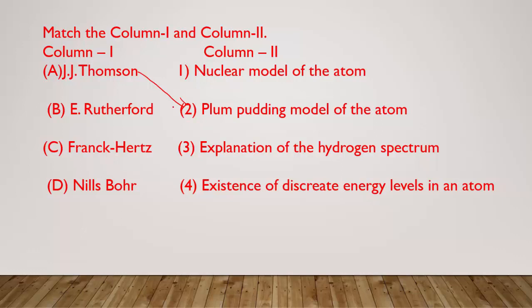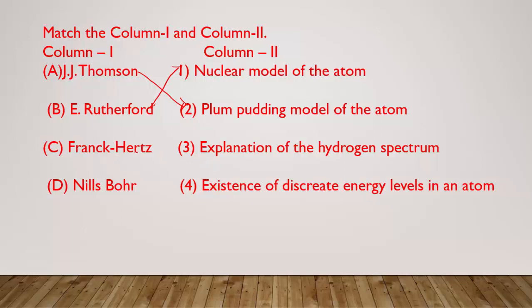For J.J. Thomson, A equals 2. And according to Rutherford, Rutherford explained the nuclear model of the atom, and Niels Bohr explained the existence of discrete energy levels in an atom.